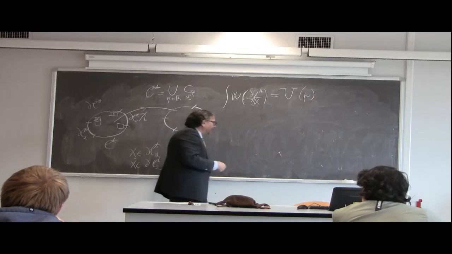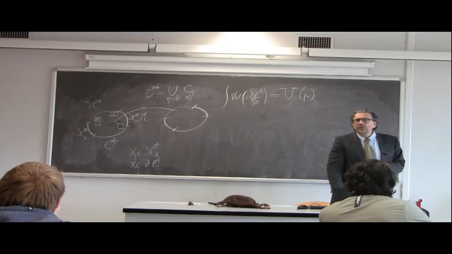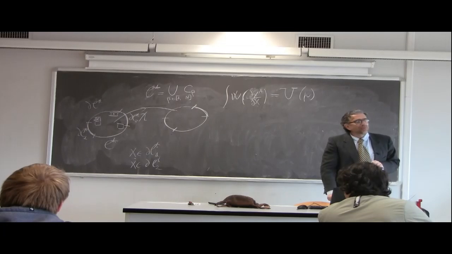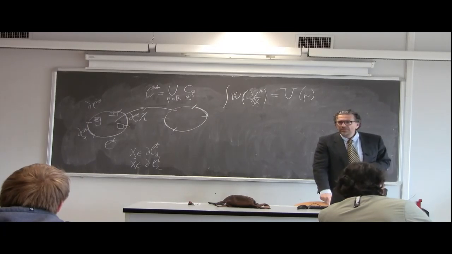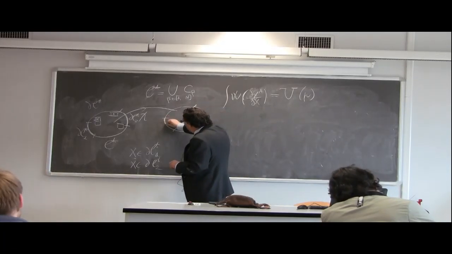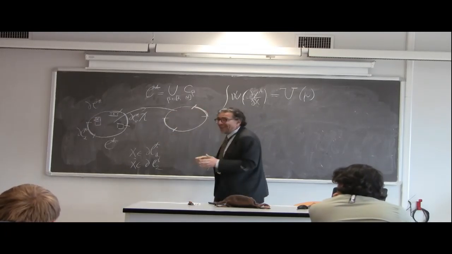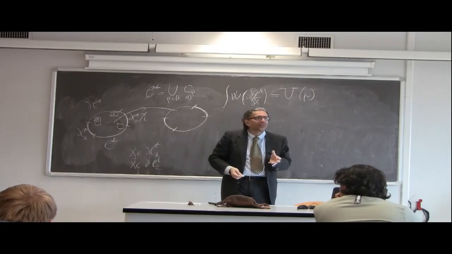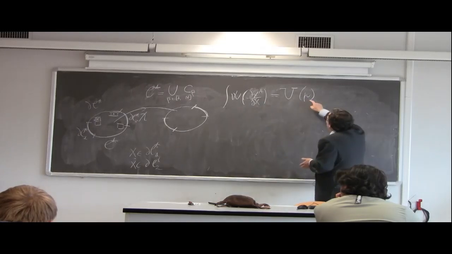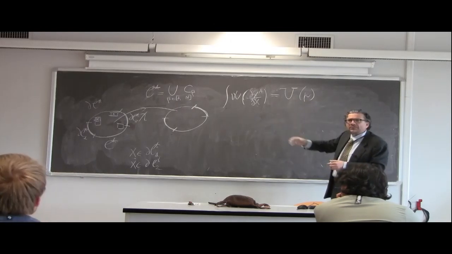So let us try to justify now the reason for which I wanted to talk in the previous lectures about Lagrange multipliers. I want that this part of the boundary and this part of the boundary have a fixed placement. So I will not maximize U of p for every variation of p.